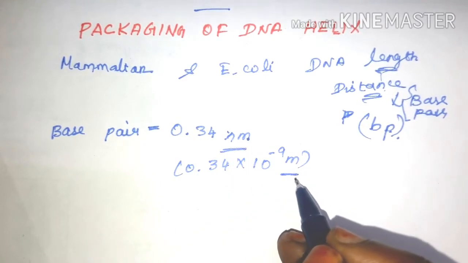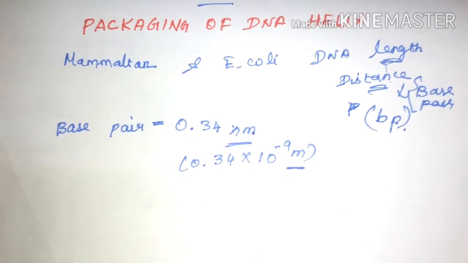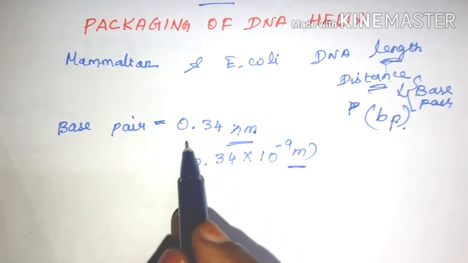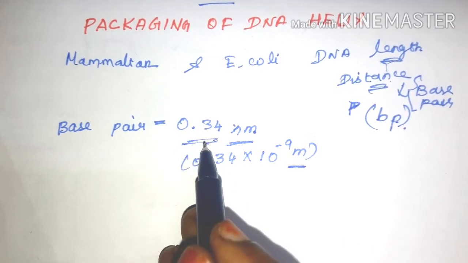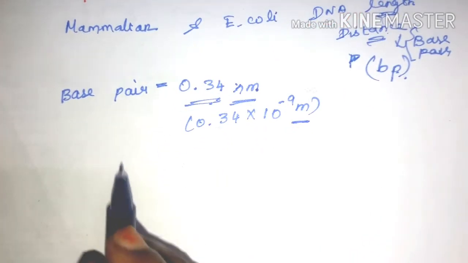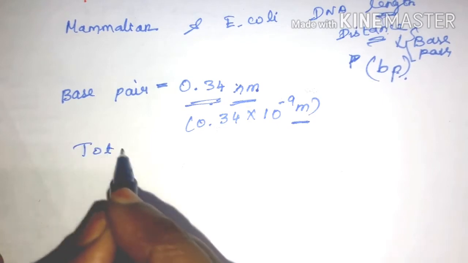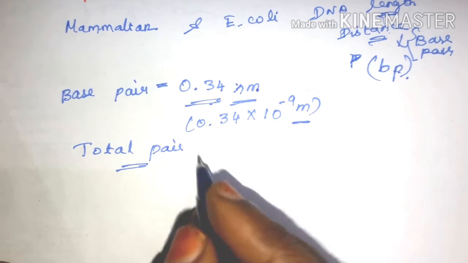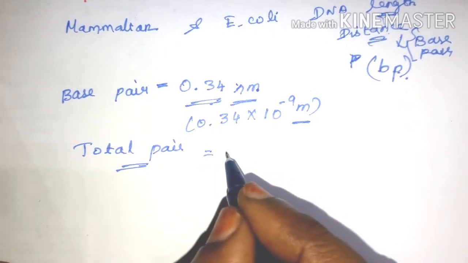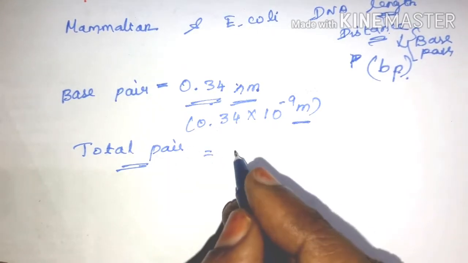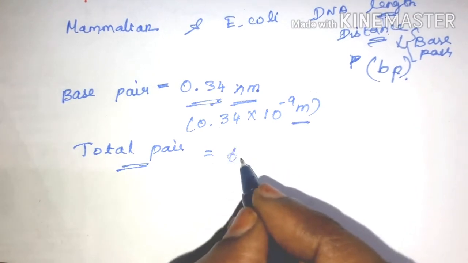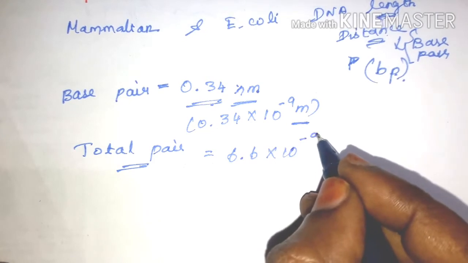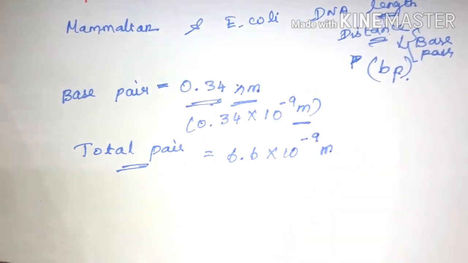Here it is in this case as meter. So through this base pair distance, they are calculating the total pair length. So totally, all the base pairs have a length of 6.6 into 10 to the power of minus 9 meter.